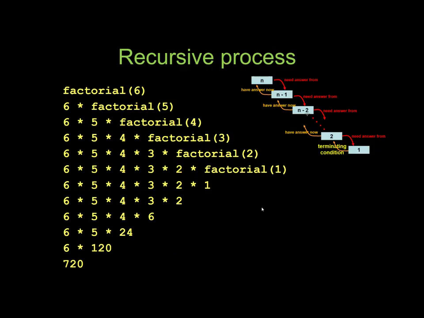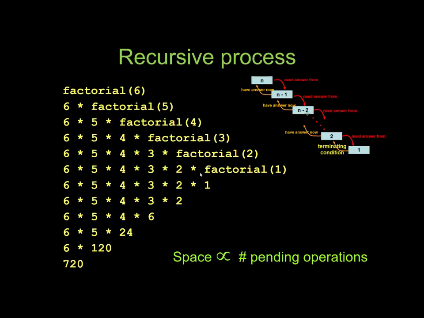What about space then? We see that we need space to keep track of pending operations. So the space requirement is proportional to the number of pending operations we have. Here, for factorial 6, the pending operations include factorial 5 yet to be completed, factorial 4, factorial 3, factorial 2, and factorial 1. Also, we need to eventually calculate the multiplications here.